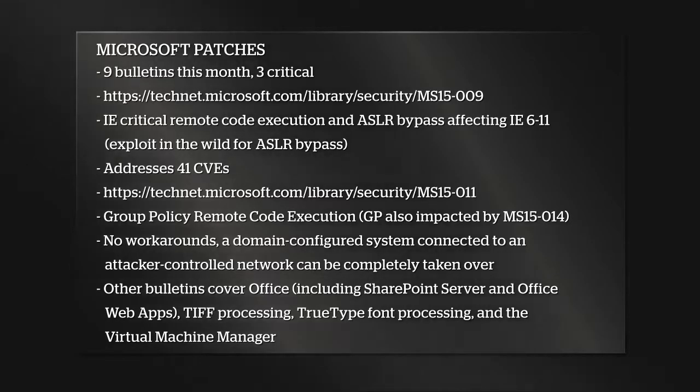The other one that I wanted to highlight today was MS15-011. And this one is a remote code execution vulnerability against the group policy. Basically, if you're on a domain configured system, so a laptop or a desktop that's configured for a domain, and the bad guys can get you to attach to a network that they control, the laptops are especially going to be vulnerable to this particular one.